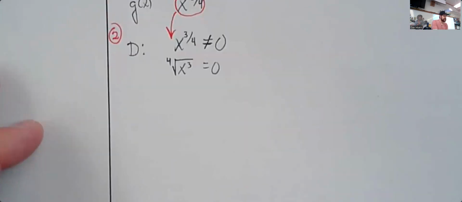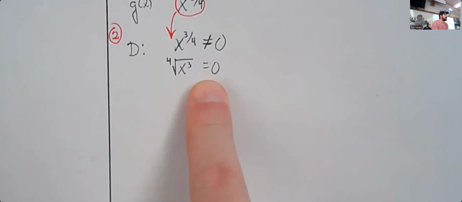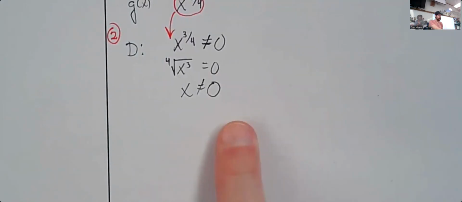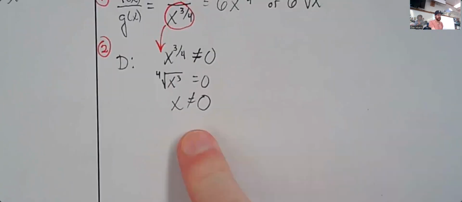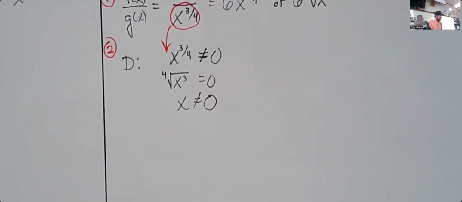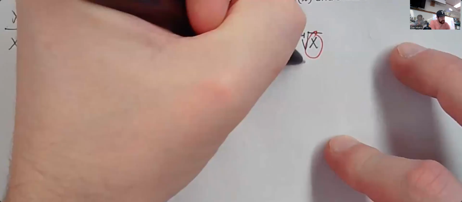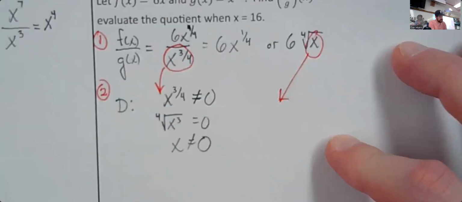What value of x makes this equal to 0? There's 0. Yeah. So that means that x cannot equal 0. That's part of the domain. And this is because of the denominator. Now, the other thing in the domain we have to consider is here. And so we'll bring that down and we'll write that as x is greater than or equal to 0.